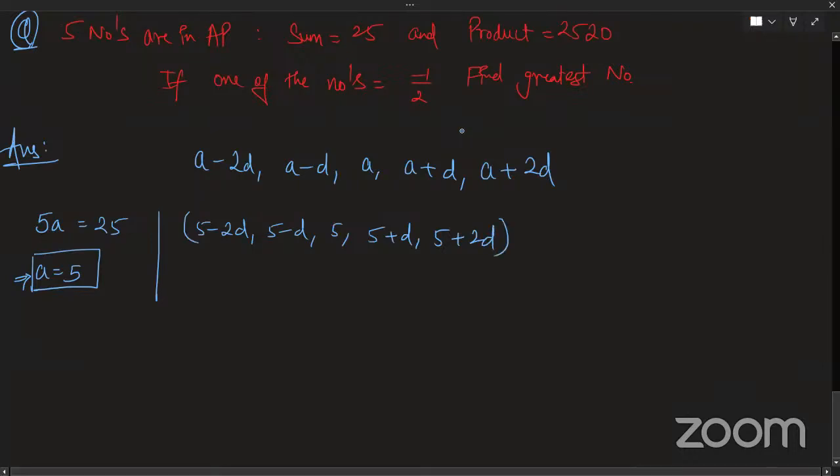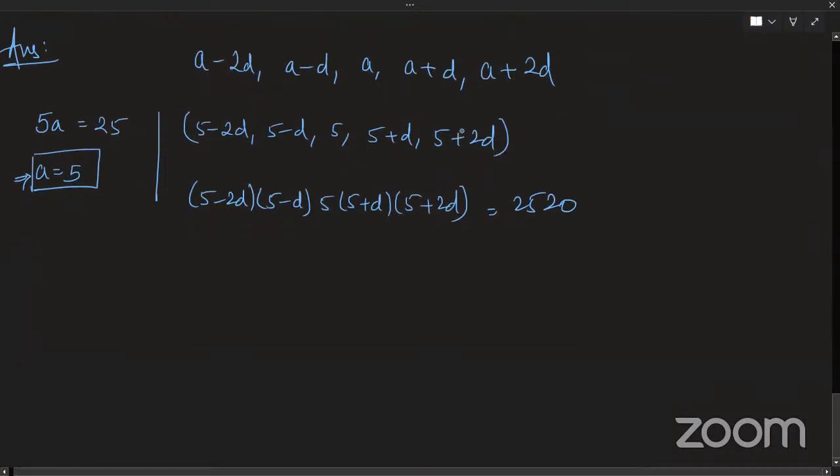Yes, sir. And one more thing I am telling you beforehand: the product of the numbers is 2520. So the product is 5 minus 2d into 5 minus d into 5 into 5 plus d into 5 plus 2d, equal to 2520. Correct? Yes, sir. So 5 I already have this side.